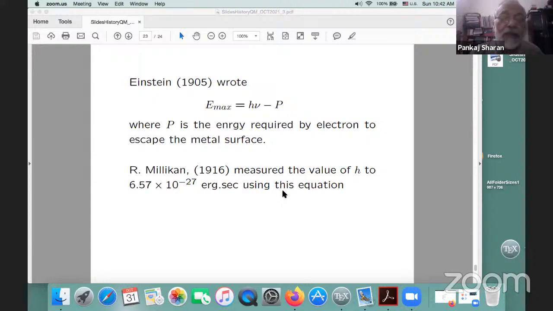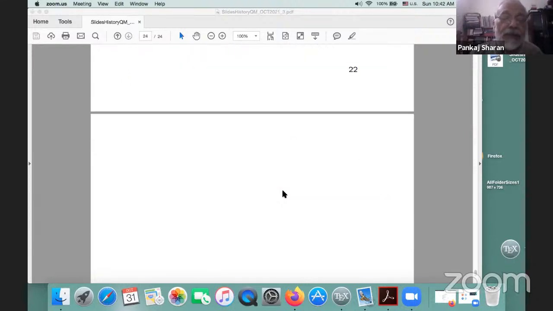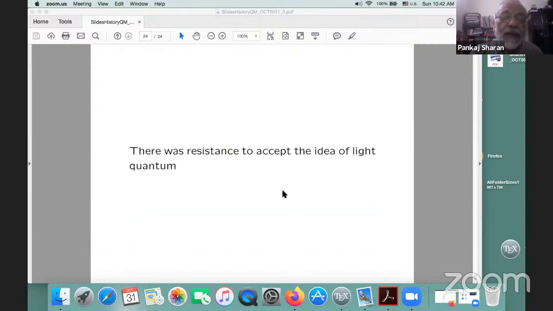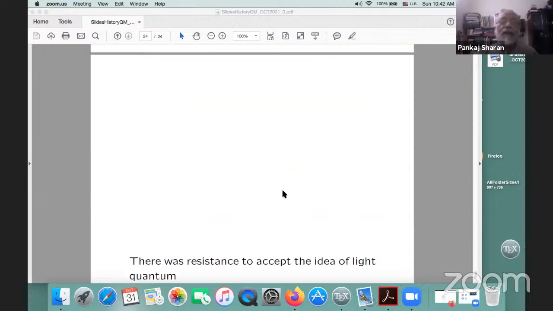But that doesn't mean that the idea of the photon or the light quantum was accepted easily. There was great resistance to accepting this idea of light quantum, and there are many reviews written on this.